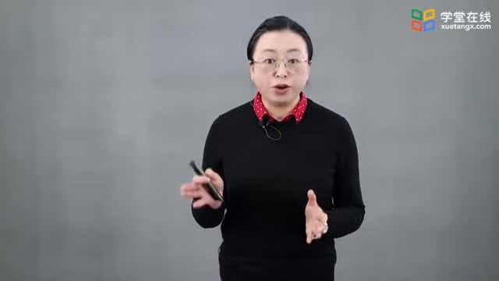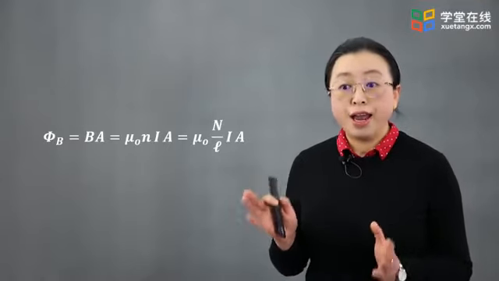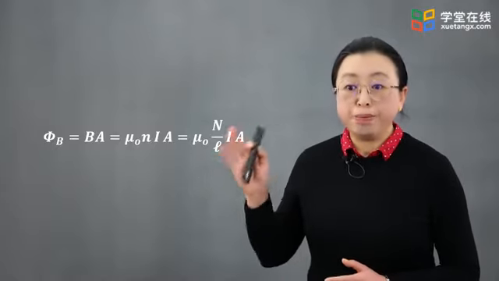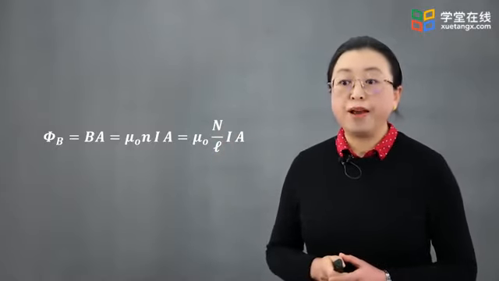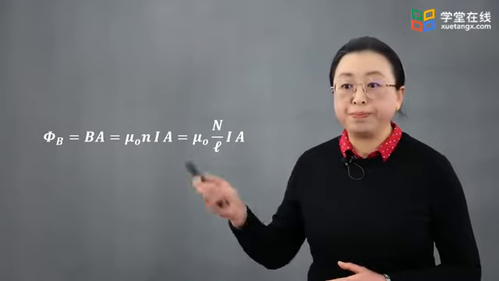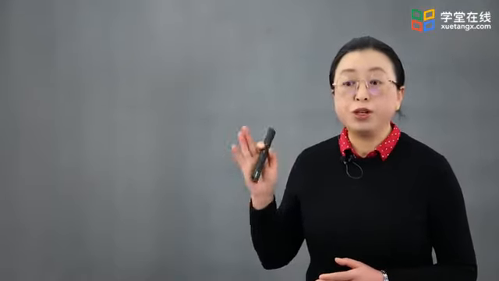We have known that the magnetic field B of an ideal solenoid equals mu0 times little n times I. The flux passing through the area A of each turn is B times A, so we have this expression for phi B. Substitute this into the equation above, and the inductance of a solenoid is obtained.